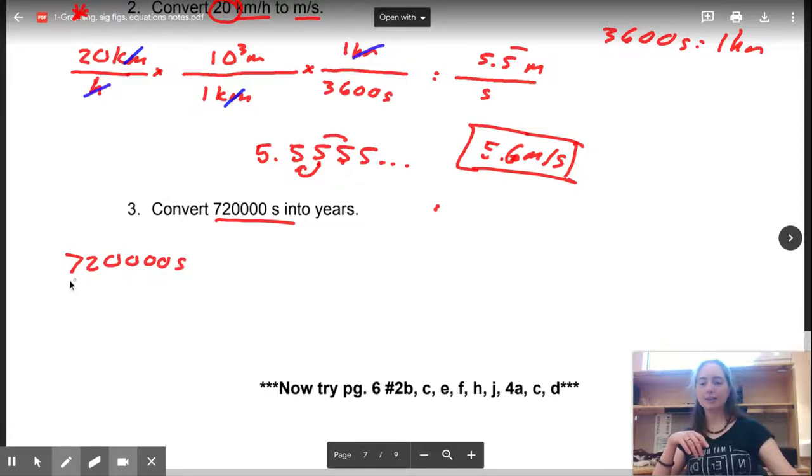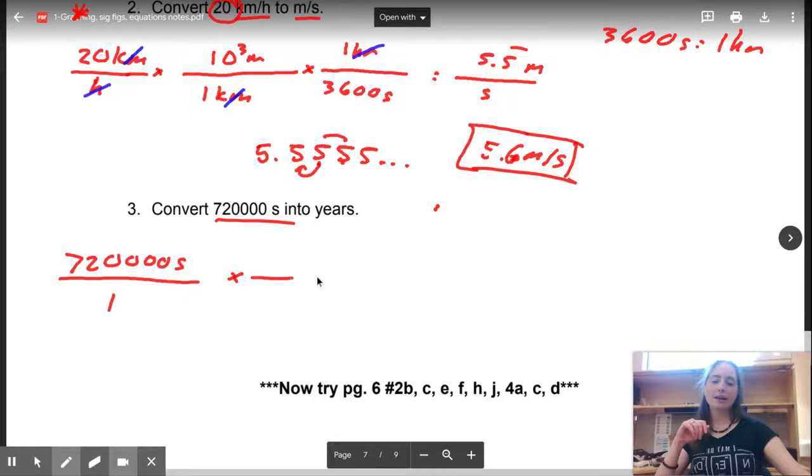So what we're going to do, we're going to take our number here in seconds. I'm going to put it over 1 to make my life easier. And now let's convert this into hours. Okay, and then we can go hours to days and then days to years. Okay, so we want to get rid of the seconds. So there's 3,600 seconds in an hour. So that means I'm going to put my seconds down there in 1 hour.